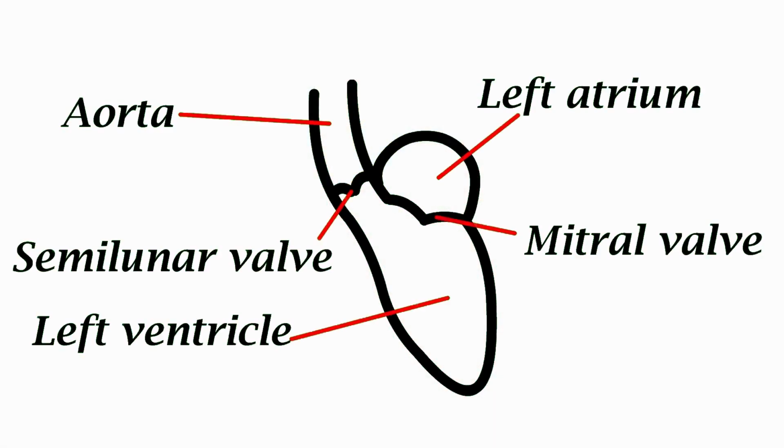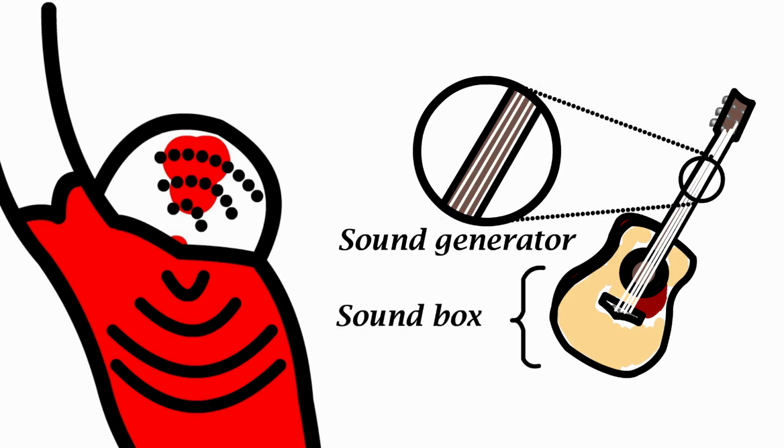When the closure of valves occurs, the valves vibrate. In the case of closure of AV valves, the vibrations are better conducted by the ventricles than the atria, because the ventricles are filled with blood. Now, the cusps of valves behave as sound generators and ventricles act as the sound box of a musical instrument.